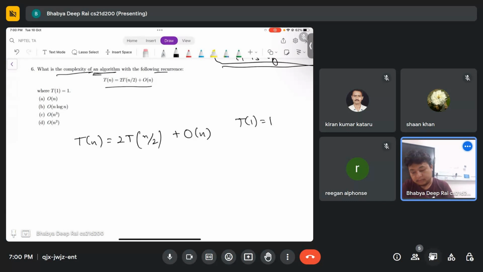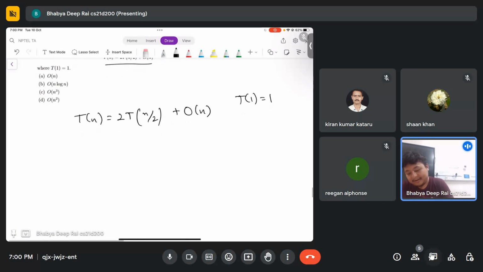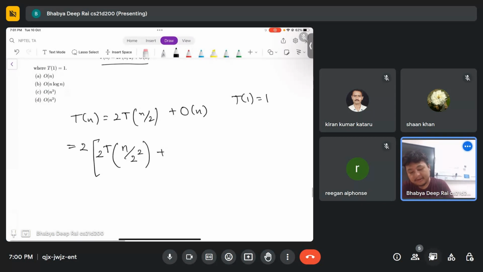Well, we use the same substitution method here. The idea is that T of n by 2 can be written as 2 T of n by 2 square, since n by 2 divided by 2 is n by 2 square, plus order n.